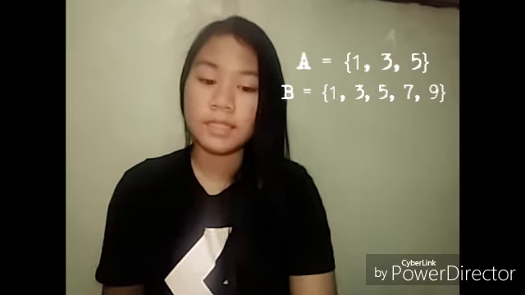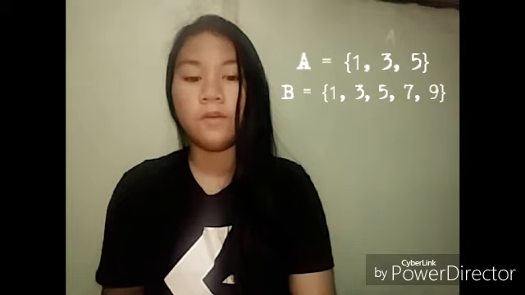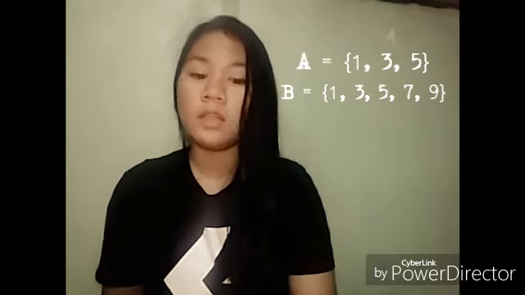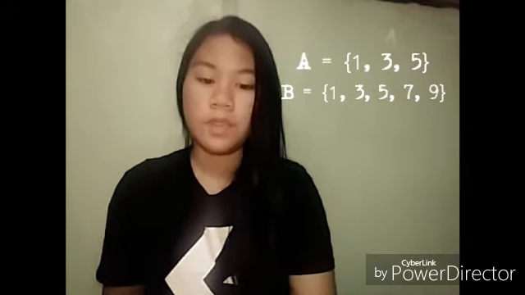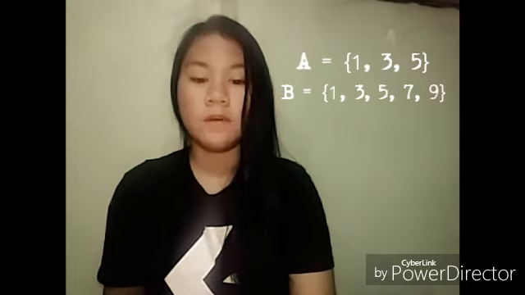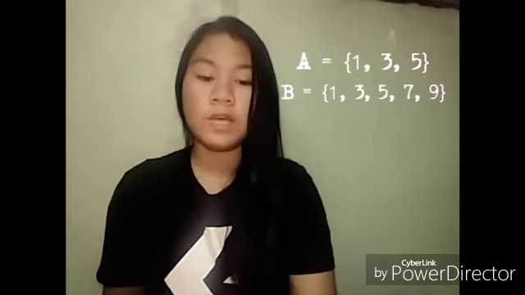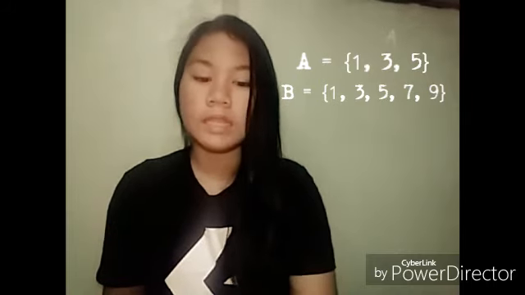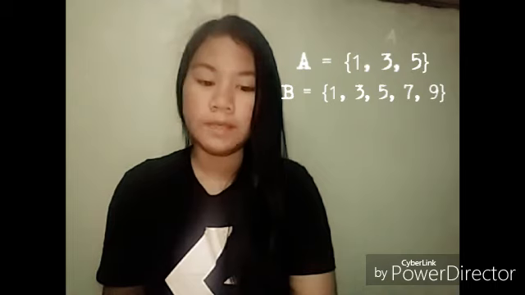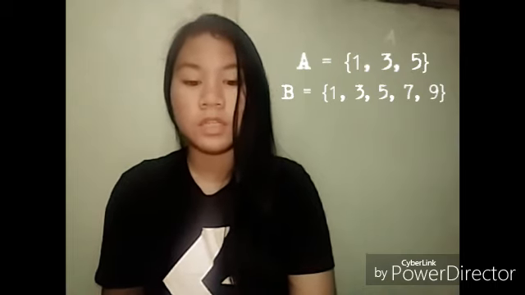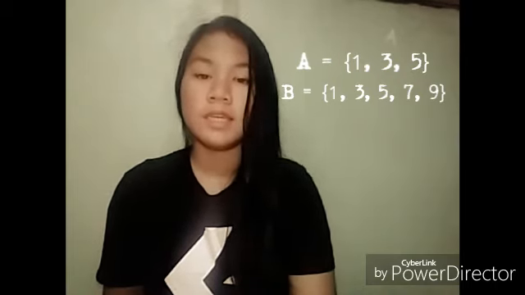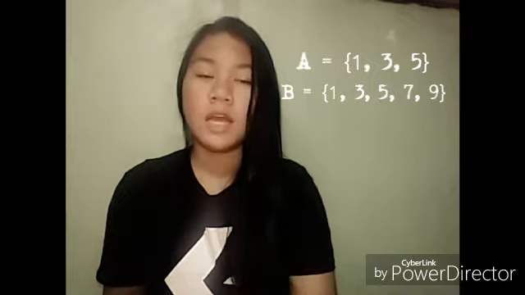We can say that A is a subset of B because all the elements of set A are also elements of set B. Set A is more specifically a proper subset of B because A does not equal B. In other words, there are some elements in set B that are not in set A.